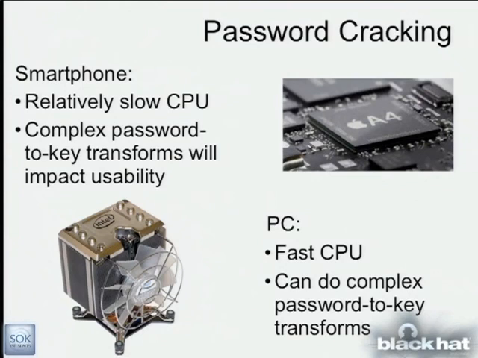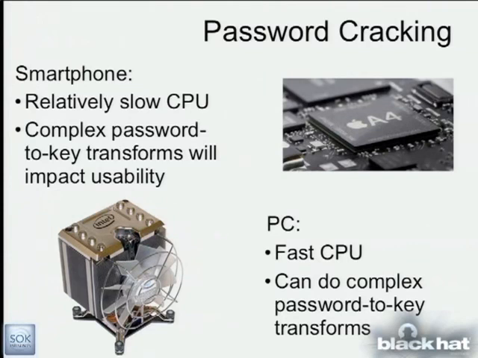On the one hand, we need to reduce the complexity of this key computing function to make the interface usable and responsive on a constrained platform like a smartphone. On the other hand, we need to make the password recovery slow on fast platforms like PCs, like fast CPUs and GPUs.